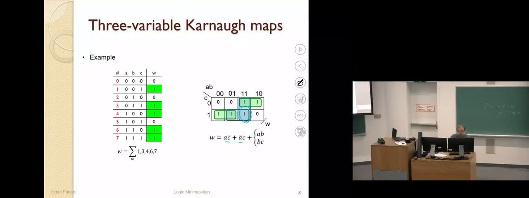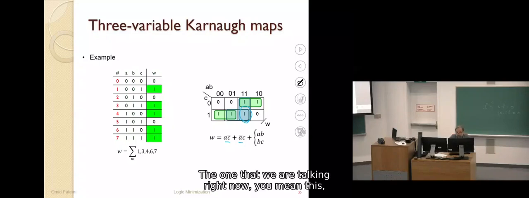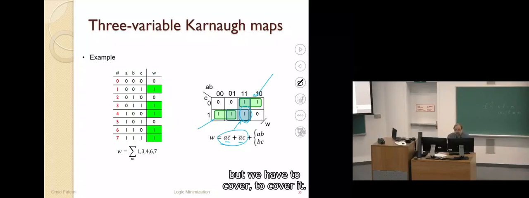Aren't they both being covered by the one on the top and the one on the side, which cover them twice? The one that we are talking about right now, you mean this? Yeah. It is not already covered with these two essential prime implicants. So it is left, but we have to cover it.